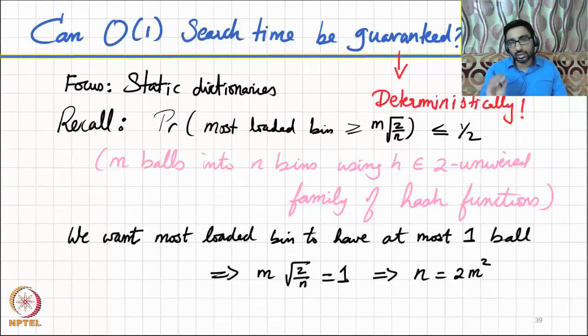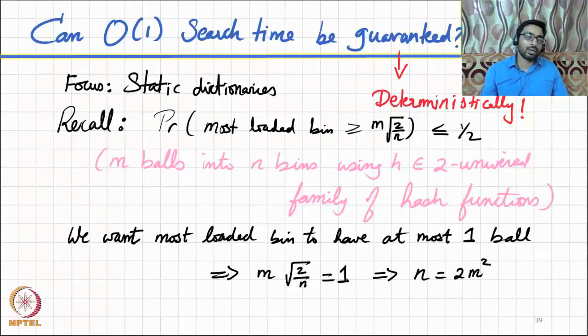So if we want constant query time, we have to ensure that this m times square root of 2 over n is 1 or lesser. And this will mean that n has to be at least 2 times m squared. And when we set n equal to 2m squared, the probability with which we get a search time of more than 1 is at most a half.